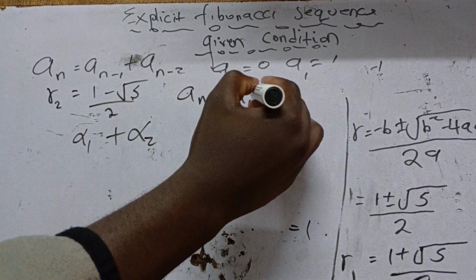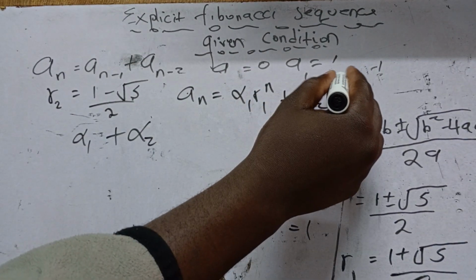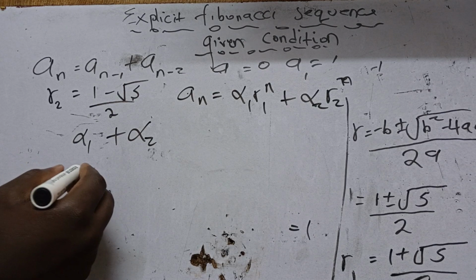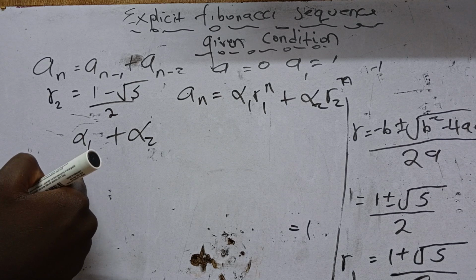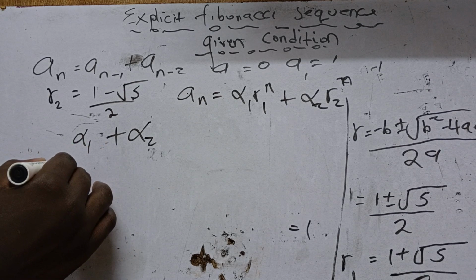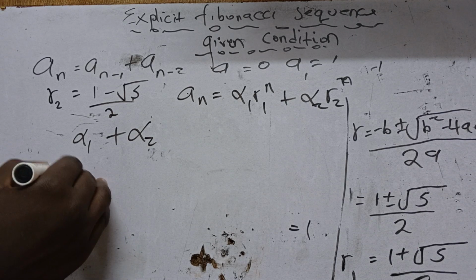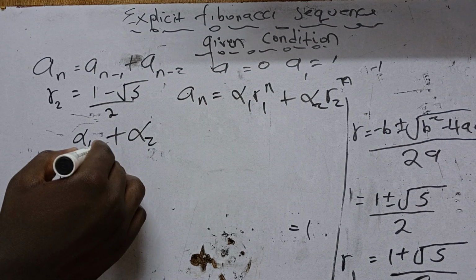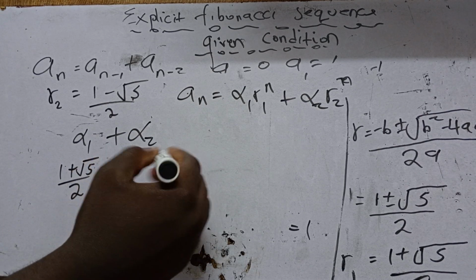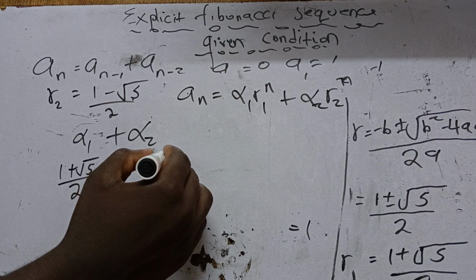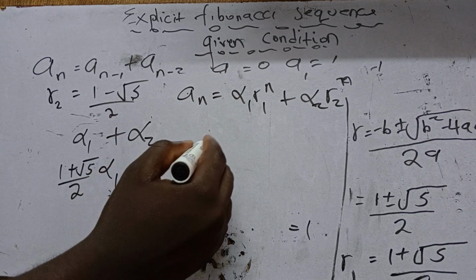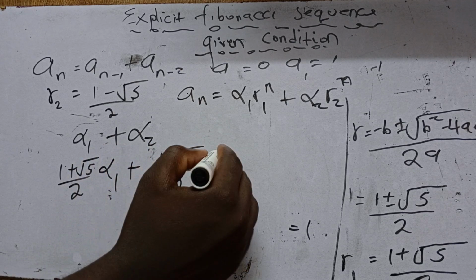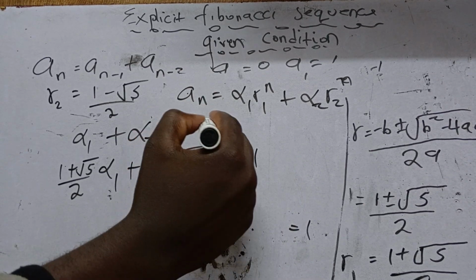So if you take all this, it will be alpha 1 times (1 plus root 5 over 2) minus alpha 2 times (1 minus root 5 over 2) is equal to 1, and this one was equal to 0.